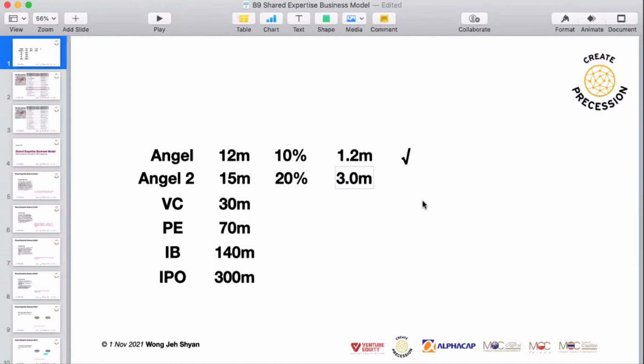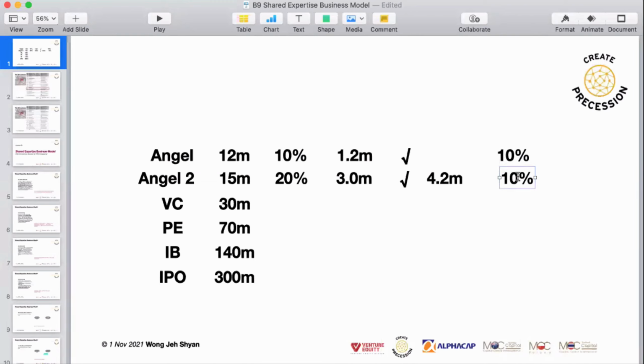Is this valid? From the way you design, you successfully raise 3 million. So how much do we have? 4.2 million, right? Let's look at the effect. Now the person who owns 10% here will own 8% here.